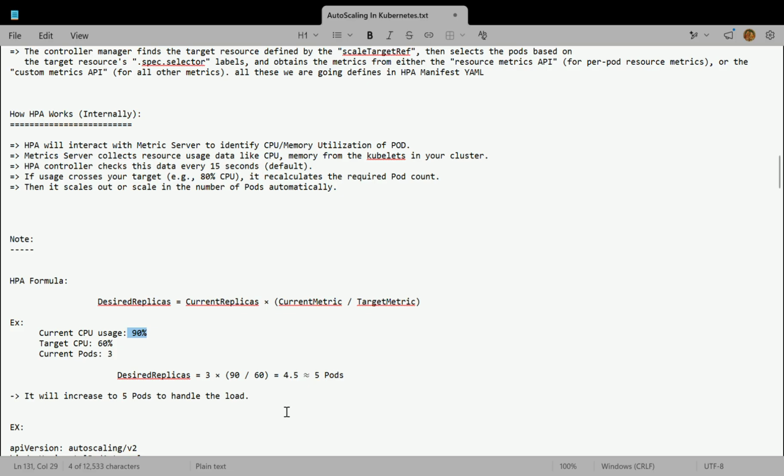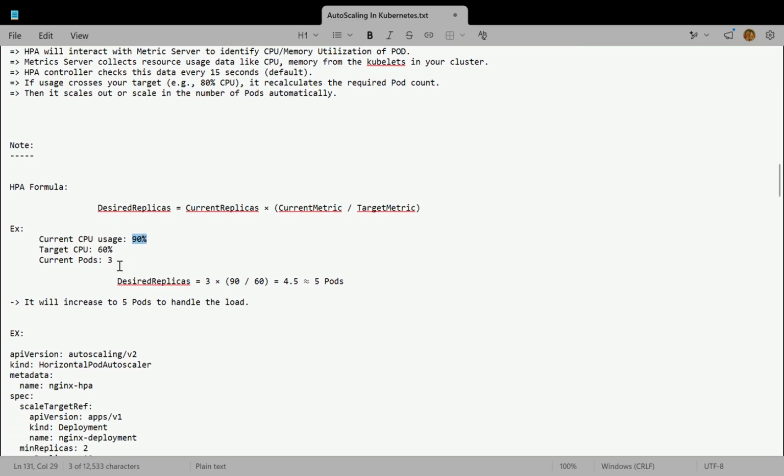It's up to your project decision. By this calculation it gives 4.5, around 5 pods, but 3 pods already existed. Since 90% means the traffic is going up and application users are requesting more, it's 5. You will increase 2 pods, from 3 to 5.